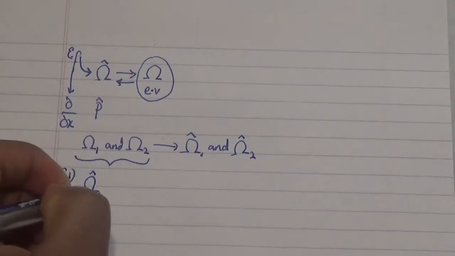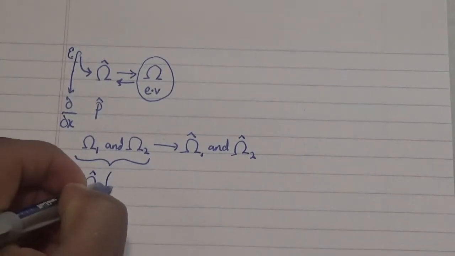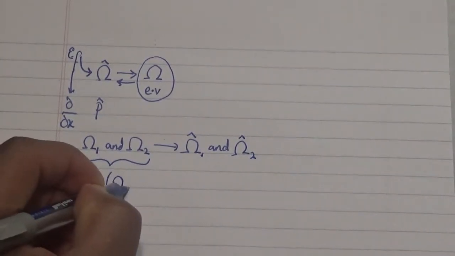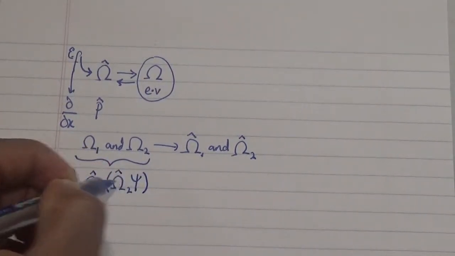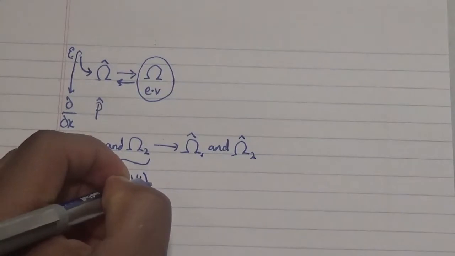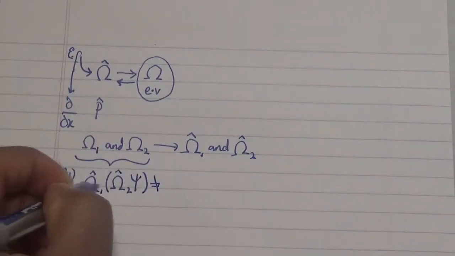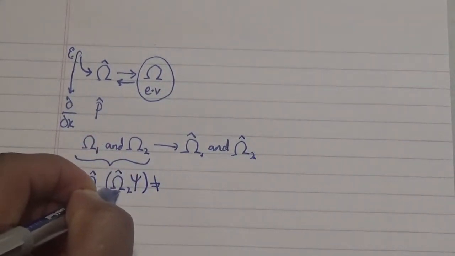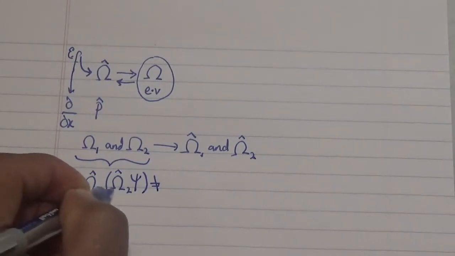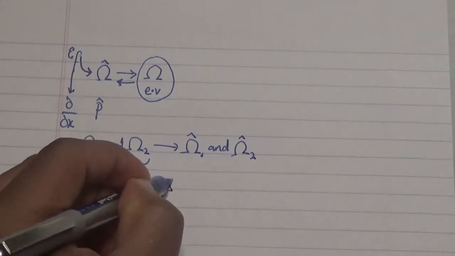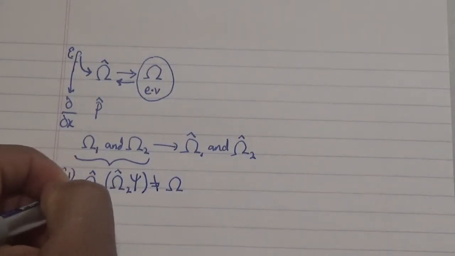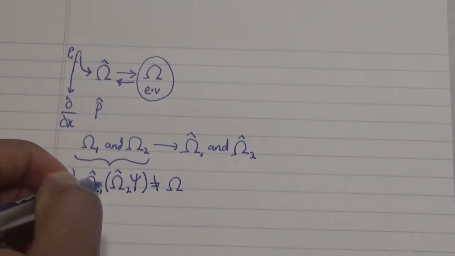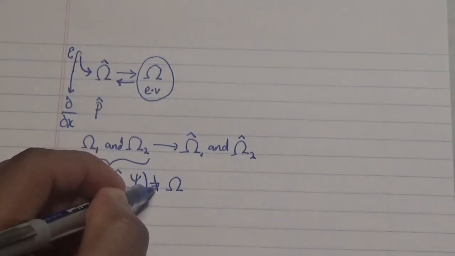our operators, which are arranged in this manner, where our eigenfunction is introduced in there, are not equal to the other way around when you flip operator 2 for operator 1 over here. So they are not interchangeable, because if they were interchangeable, then for some reason they would be equal.